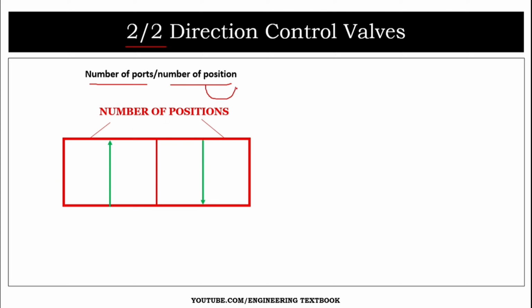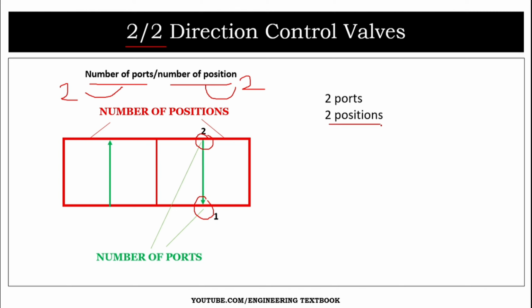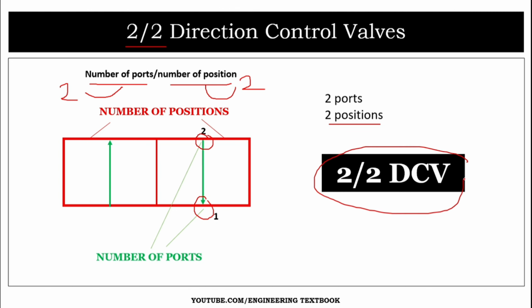Therefore there are 2 positions in this given symbol, and the green color indicates the number of ports, that is port 1 and port 2. So the number of ports is 2. Therefore this direction control valve has 2 ports and 2 positions. So it is known as a 2x2 direction control valve. So this was about the symbol of the 2x2 direction control valve.